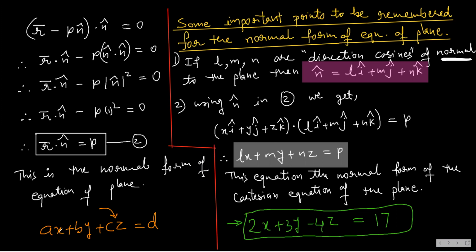Here we have ax plus by plus cz equals d, or plus d equals 0, whatever it is, because a constant you can always take to the left. What is this? This becomes a plane. This is always a plane.